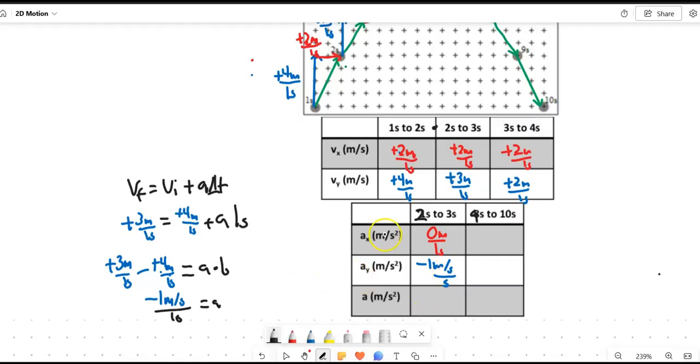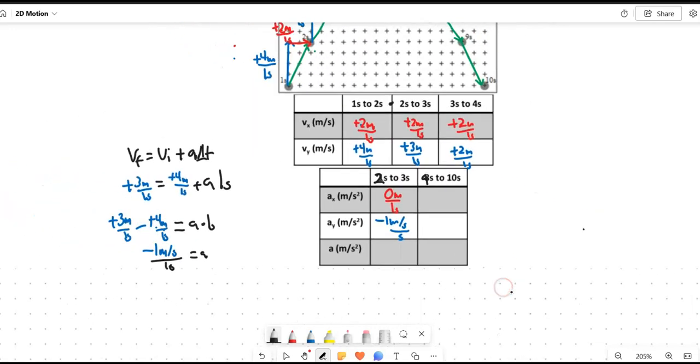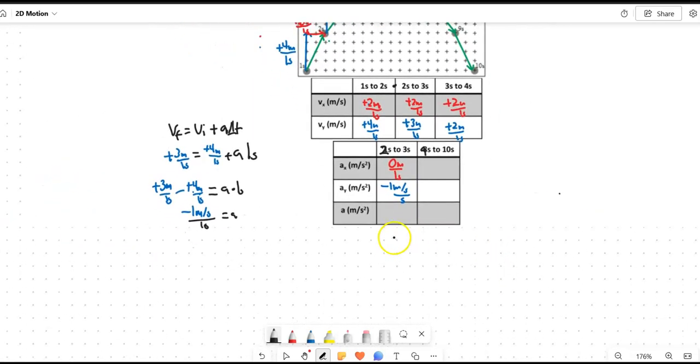Now, the overall acceleration vector is what they're asking for. Well, that is the x. Let's assume it had an x direction component, and let's say it also had a y direction component.